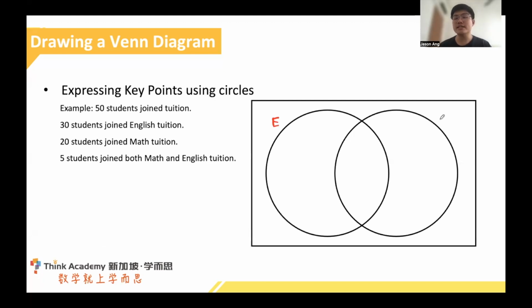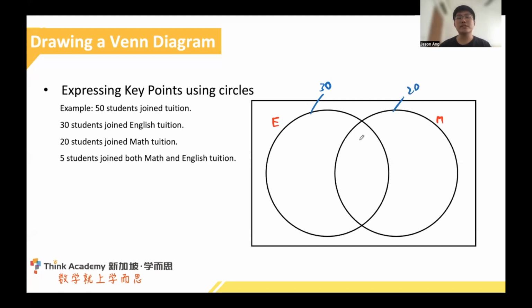Now, the size of the circles, of course, it will be better if it's proportionate to the sizes here, but it's not very important. What's more important is the values inside. We want to say that all 30 students join the English tuition, which means the entire circle here is 30. While for math, it would be 20.